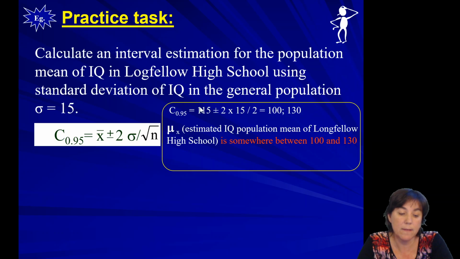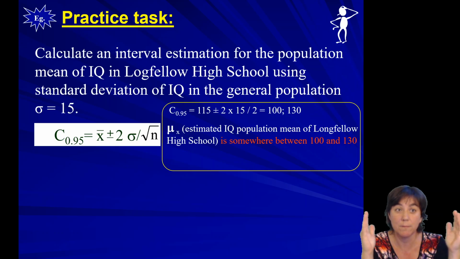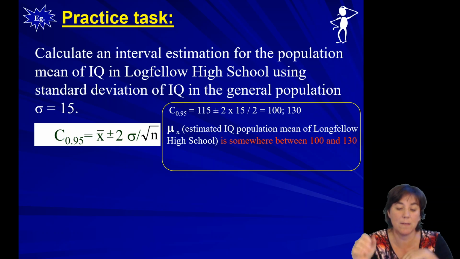The confidence interval for the estimated IQ population mean of this specific school is 115, that's our mean from the sample, plus minus 2 times 15 coming from the sigma, divided by 2 because we have 4 subjects in the sample. That's the square root of n, which is 4. Thus, we can arrive at 100 and 130 as the two endpoints of this confidence interval.